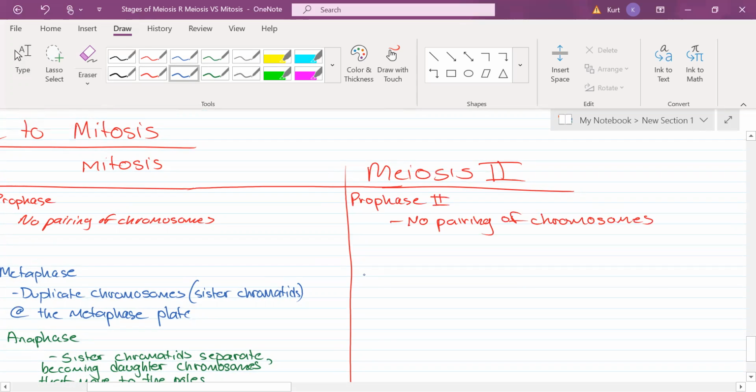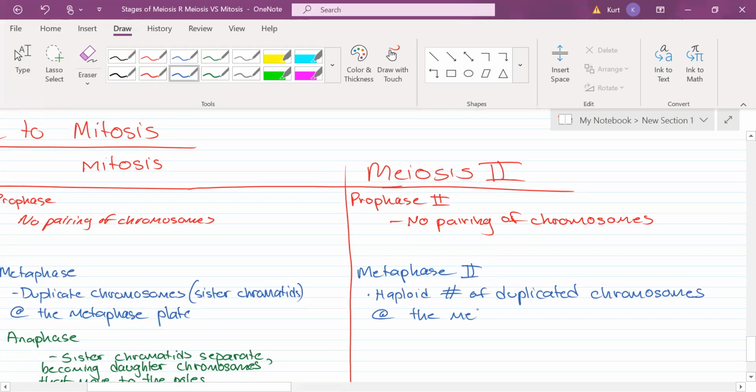In metaphase 2, you have a haploid number of duplicated chromosomes at the metaphase plate.